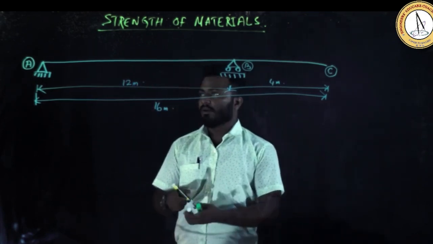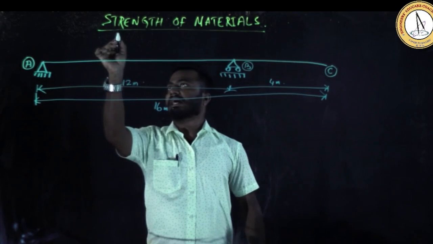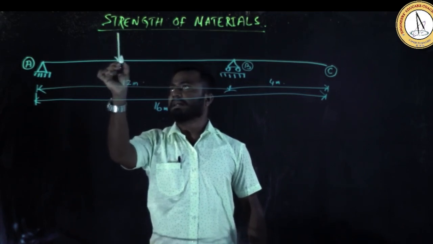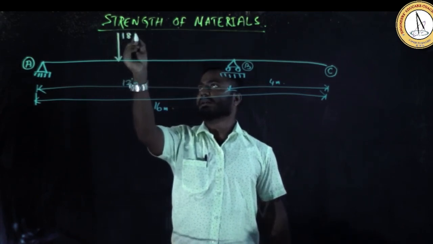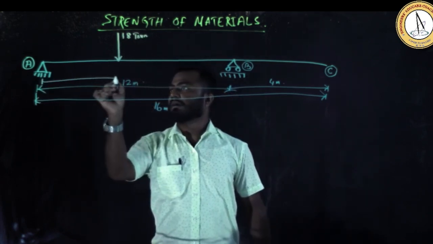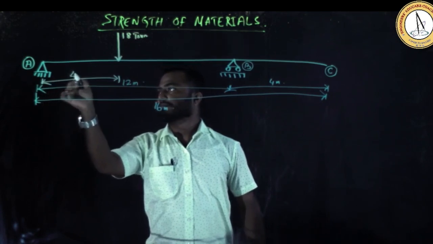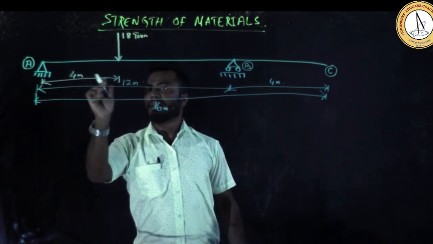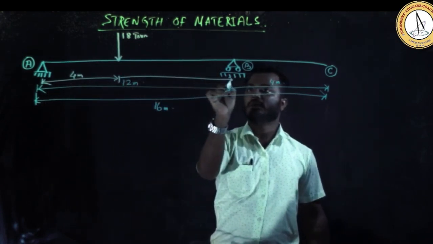Now this beam is loaded by a point load of magnitude 18 ton, which is 4 meter from A. So 12 minus 4, the remaining length will be 8 meter.